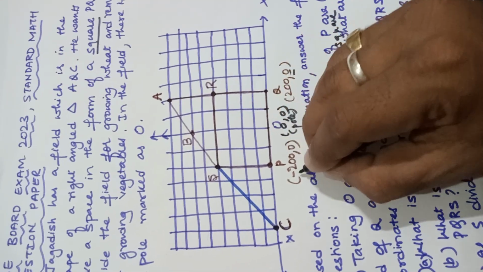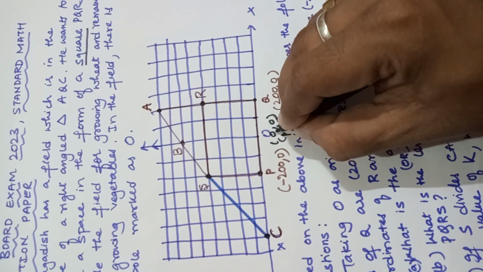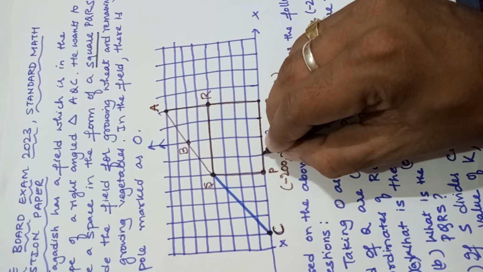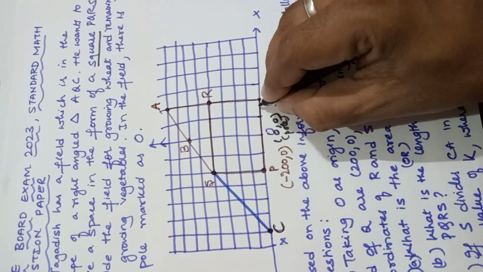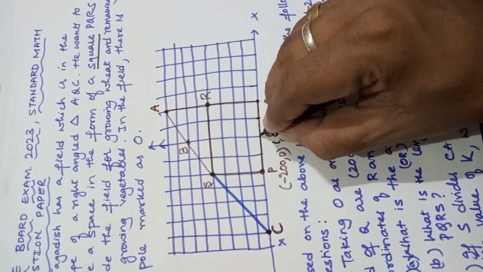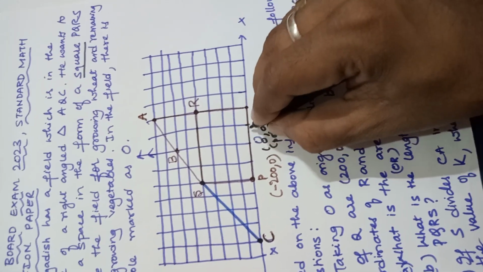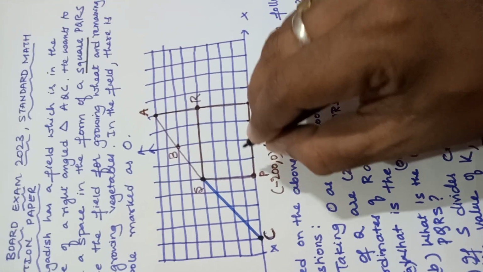Similarly, you can check how this is minus 200. If this is the origin, means if the value of x is 0 here, then this should be minus 100, then this becomes minus 200. So from this it is clear that each unit of this graph is equal to 100 units of this square.